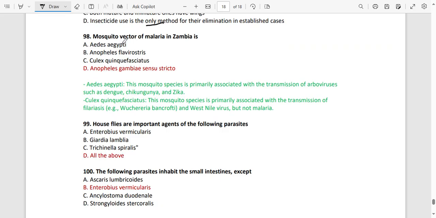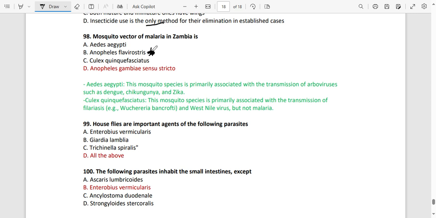98. Mosquito vector of malaria in Zambia. So Aedes aegypti is associated with the transmission of arboviruses like chikungunya and Zika. Anopheles flavirostris, there's no direct one like that in Zambia.